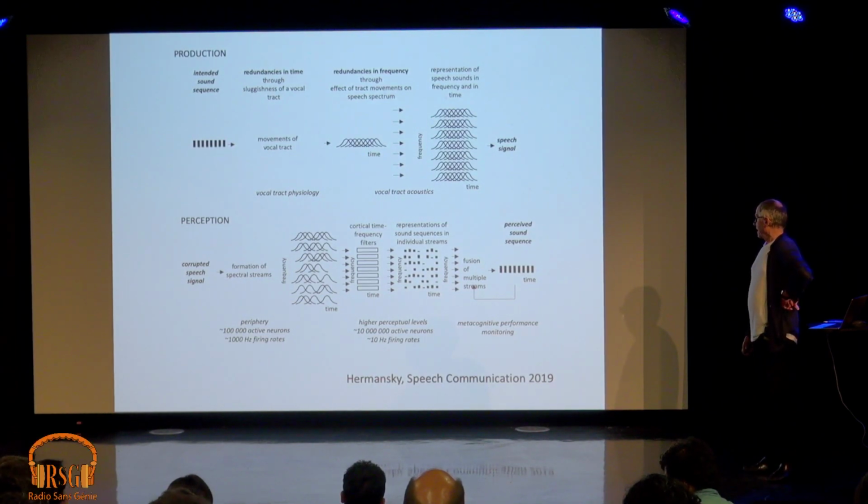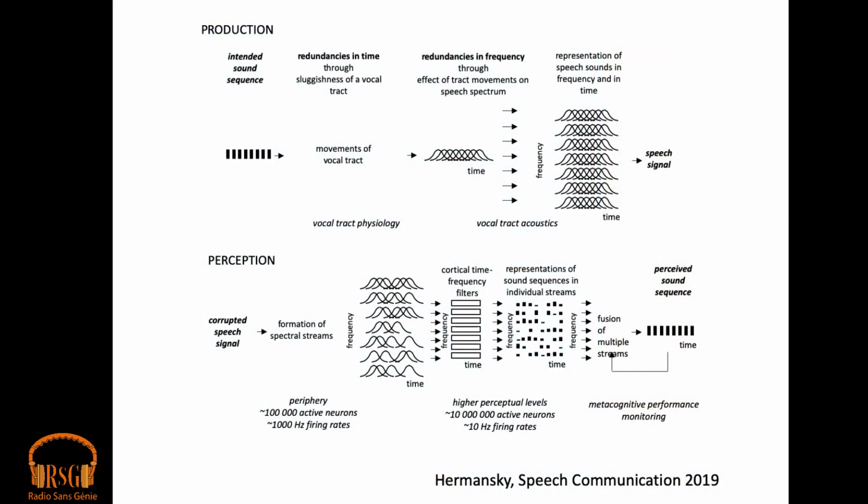This is a slide which probably is a little bit busy for this late time of the talk, but we are now trying to pursue this whole concept of human speech communication in this way. So you start with the sequences of speech sounds which you want to transmit.